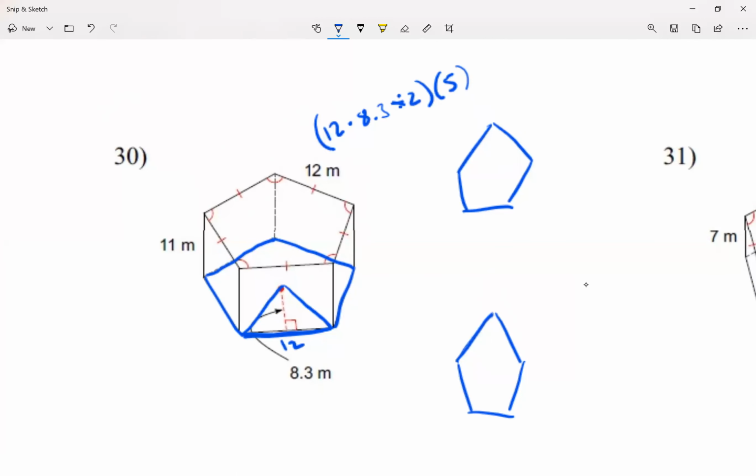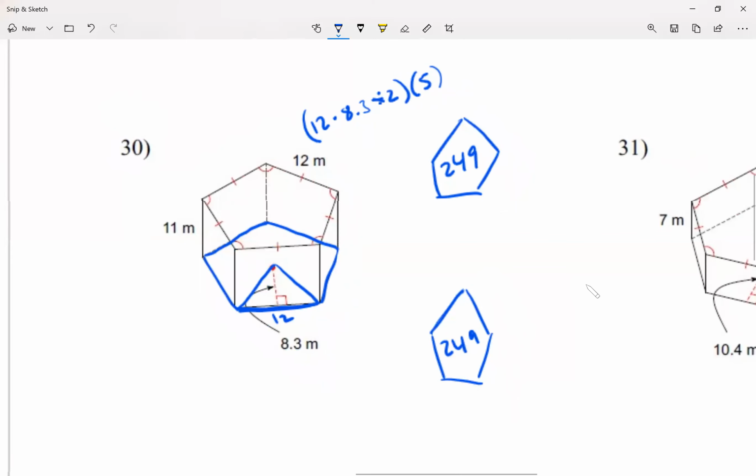So 12 times 8.3 divided by 2 times 5, I get 249. So each of my bases is 249. The base has 5 sides, right? The pentagon has 5 sides. So in the center, I'm gonna have 5 rectangles.